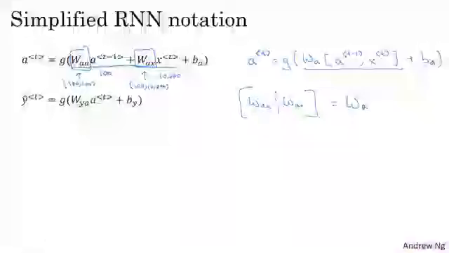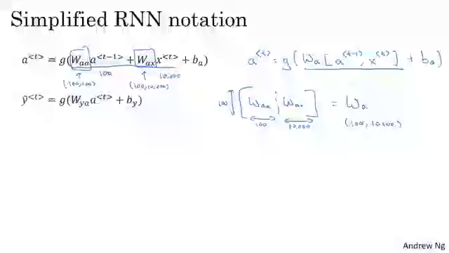And so stacking these two matrices together, this would be 100 dimensional, this would be 100, and this would be, I guess, 10,000 elements. So WA will be a 100 by 10,100 dimensional matrix. Right? I guess this diagram on the left is not drawn to scale, since WAX would be a very wide matrix.